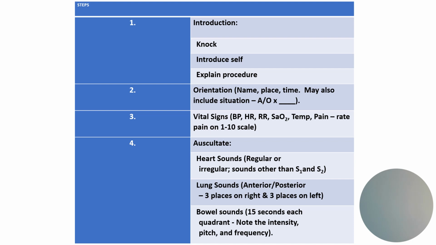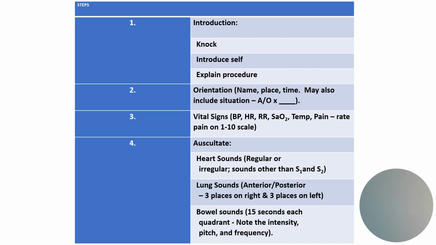Go down, listen to the right side, listen to the left side. You're going to do that once again, anterior, the front, posterior, in the back. So at least 3 places on each side. Then you're going to document, what do you hear? Is it clear to auscultation? If so, you can document CTA, clear to auscultation.